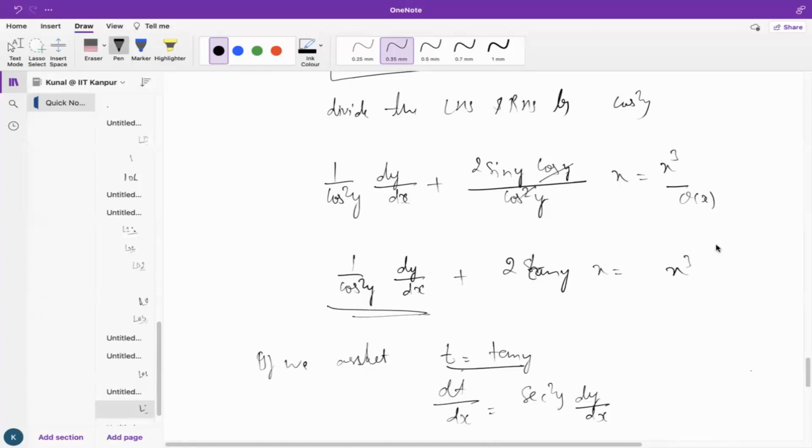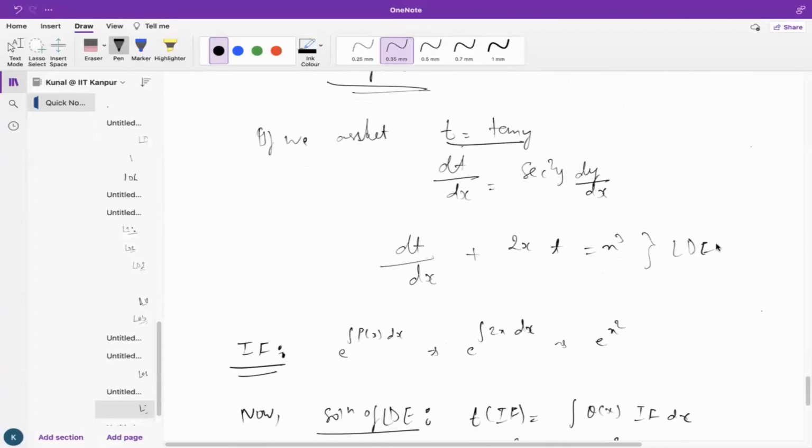Okay, so now let's take the next example, and then we move to the exact differential equation implementation.